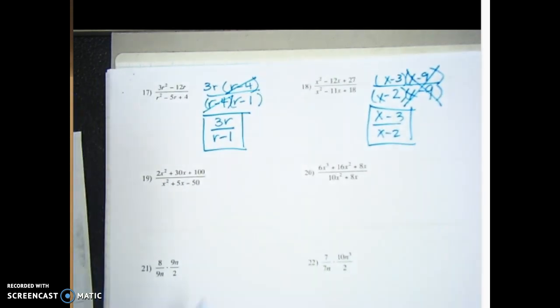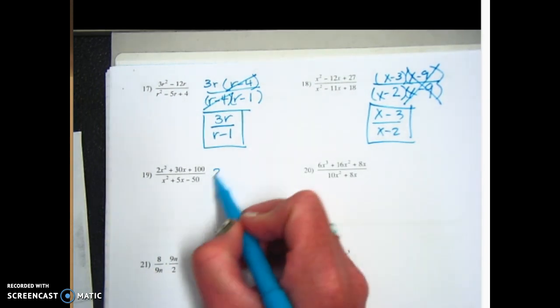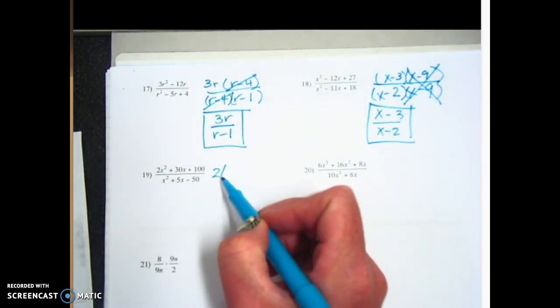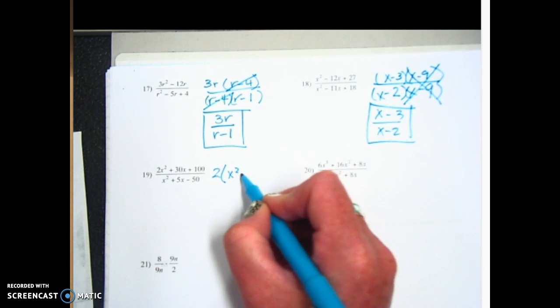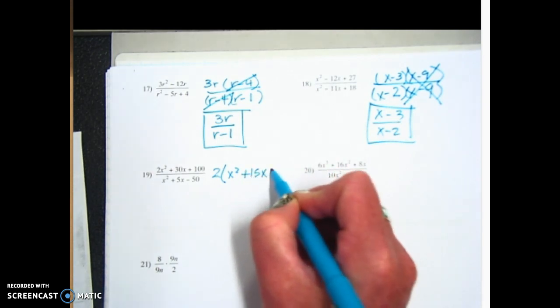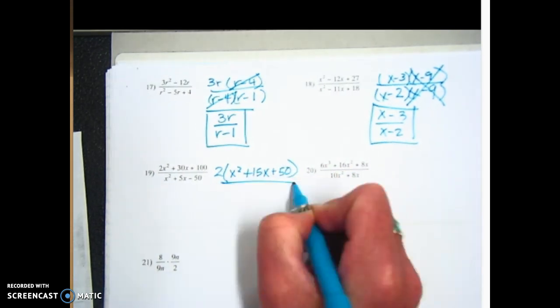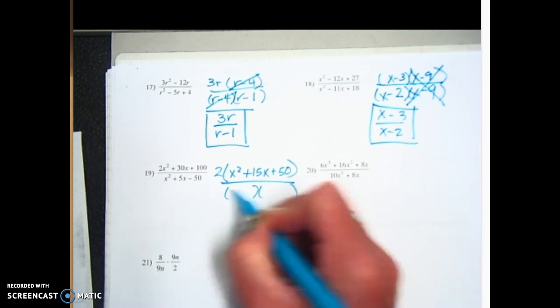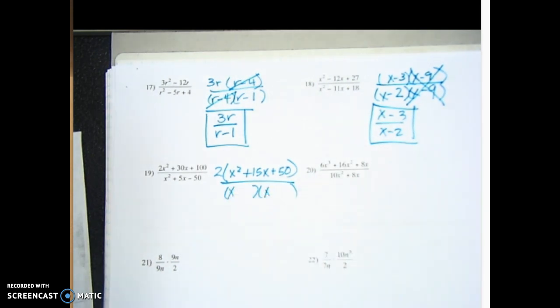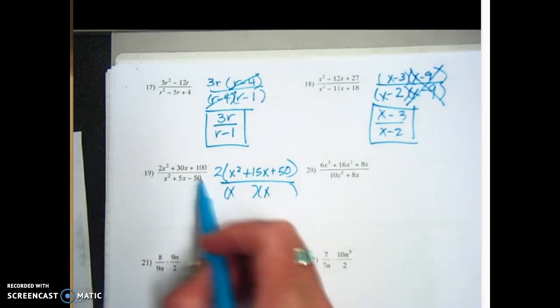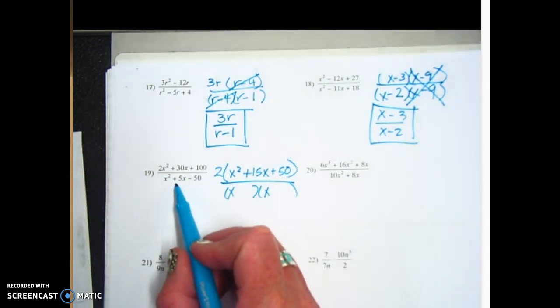Number 19, I see a GCF in that numerator, so I'm going to factor out a 2. That leaves me with x squared plus 15x plus 50. Denominator, I can go ahead and factor already. So what multiplies to get negative 50 but adds or subtracts to get negative 5?